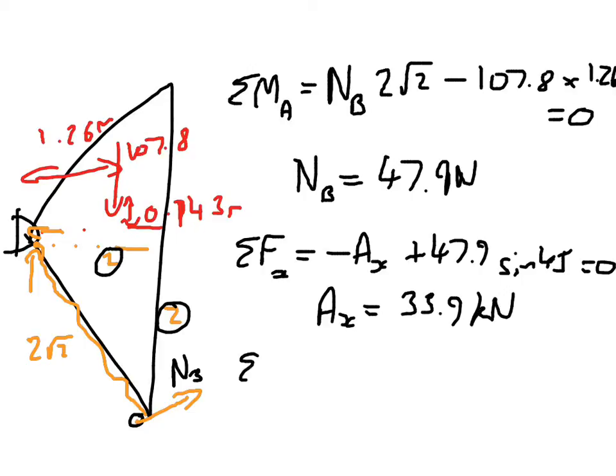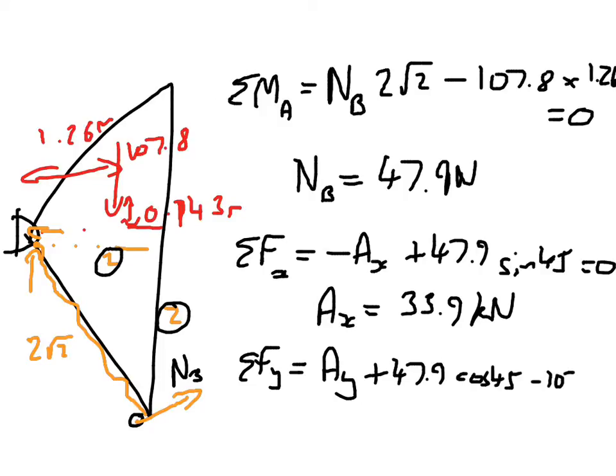And finally, in the y direction, we've got AY, we've got 47.9 cos 45, and we've also got the weight equaling 0. That's meant to say equals 0, apologies. So AY can be rearranged to be 73.9 kilonewtons.